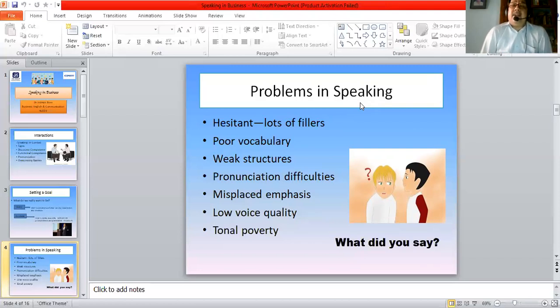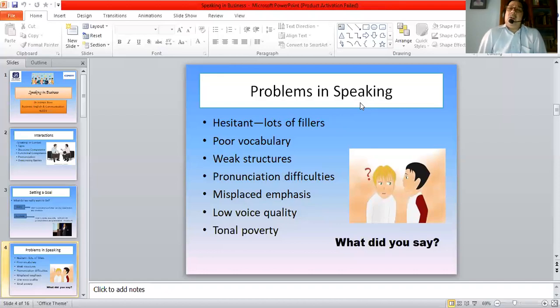Again, sometimes there are misplaced emphases, or the stress is placed on the wrong place, again leading to loss of meaning or lack of clarity, and low voice quality or tonal poverty. Again, these are basically problems associated with pronunciation.